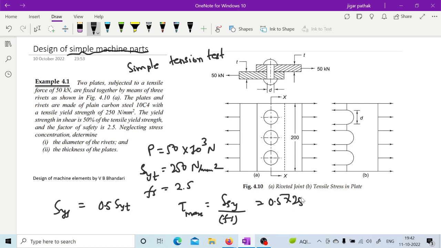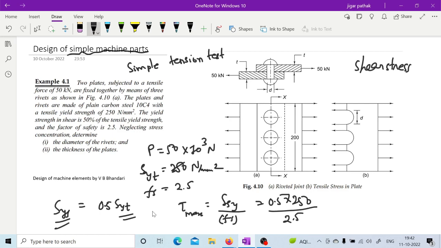Sir, here the yield strength can be considered as the failure stress. Here the yield strength is considered as the failure stress. See, here we are having two different stresses acting on two different components. For the rivet, you are having shear stress, right? So you will consider the shear yield strength. This is shear yield strength, and this is tensile yield strength.